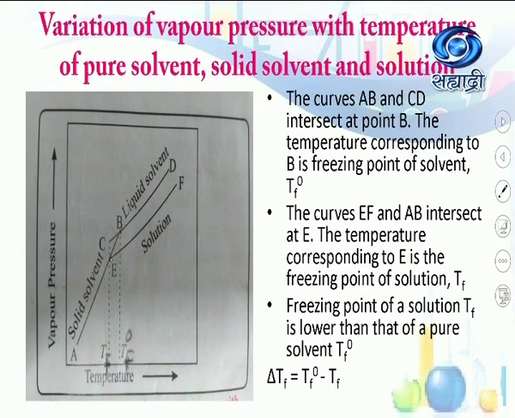The curve EF and curve AB, they intersect at point E. So the temperature corresponding to point E is the freezing point of a solution Tf. So the temperature corresponding to this point E is what? Tf, which is the freezing point of a solution. Why?